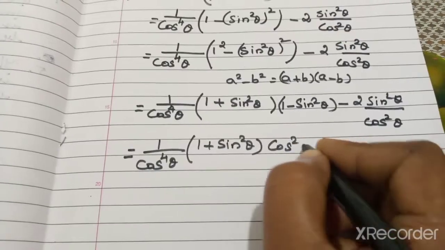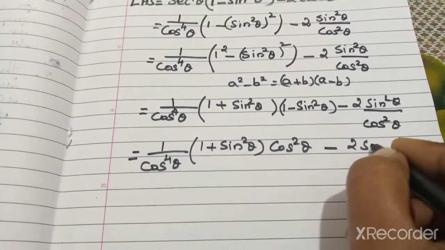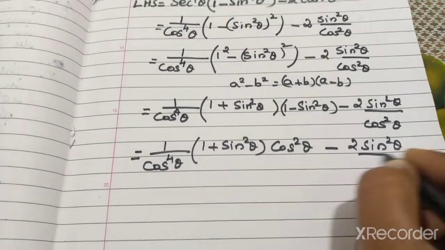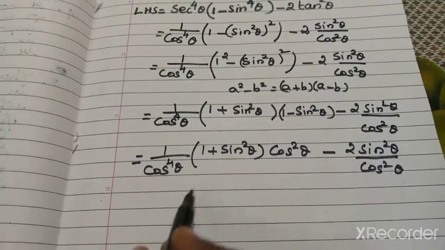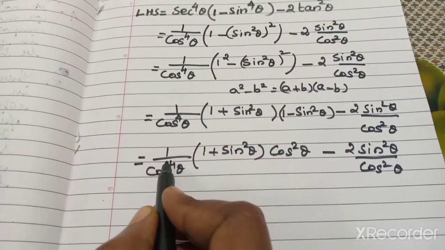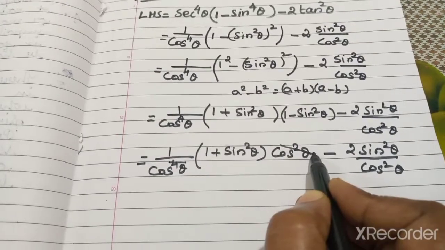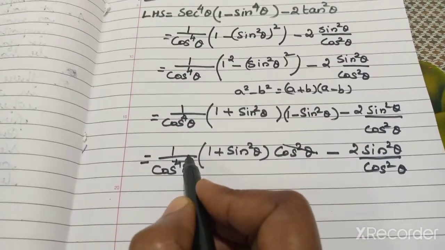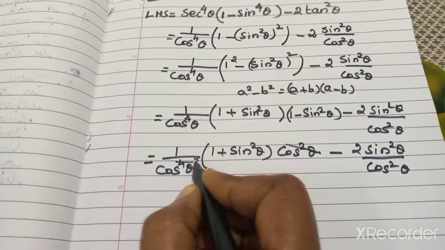Okay, cos square theta minus this term as it is, 2 sine square theta by cos square theta. Now here it can be cancelled. Cos power 4 theta, here cos square theta can be cancelled. So remaining here cos square theta will be there. Okay. 4 cancelled, so 2 will be there.